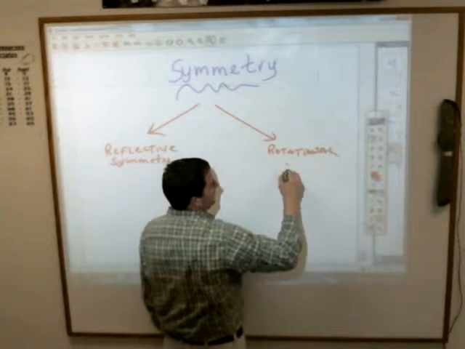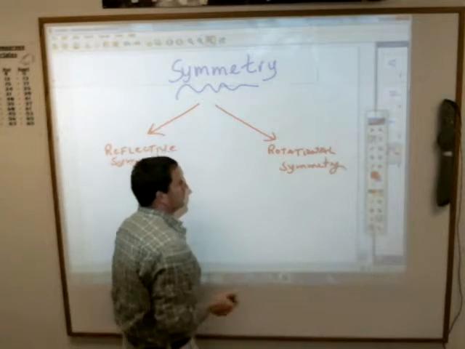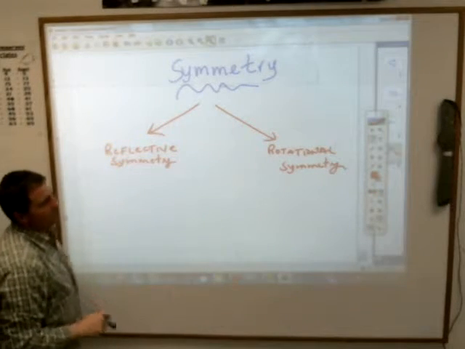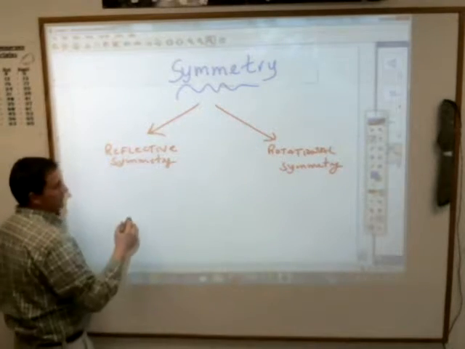Now, reflective one is just like it says, and the question you need to ask yourself, for example, I'm going to draw something.